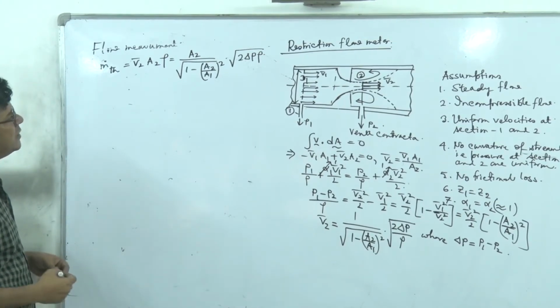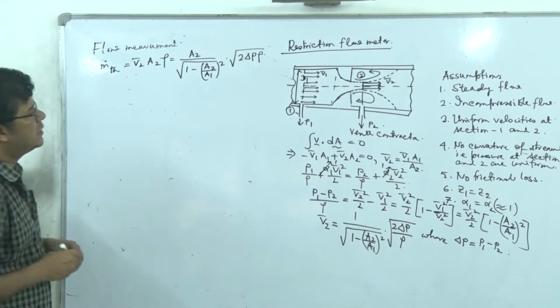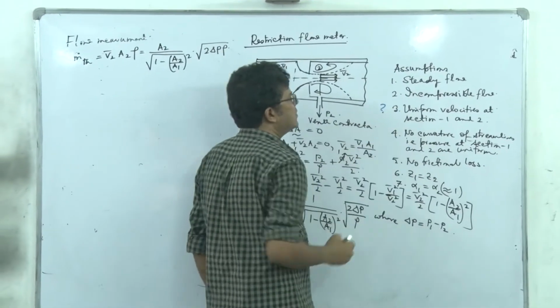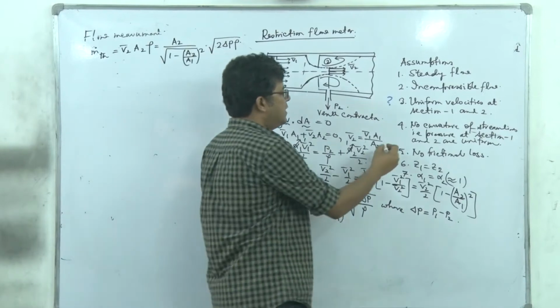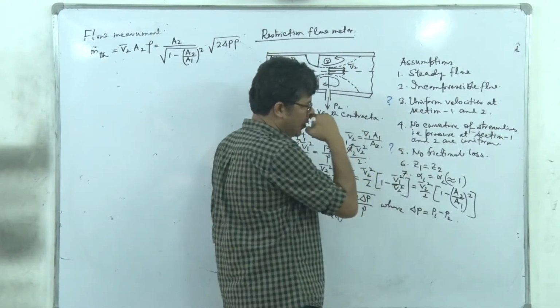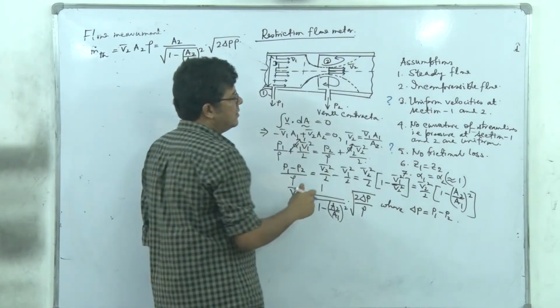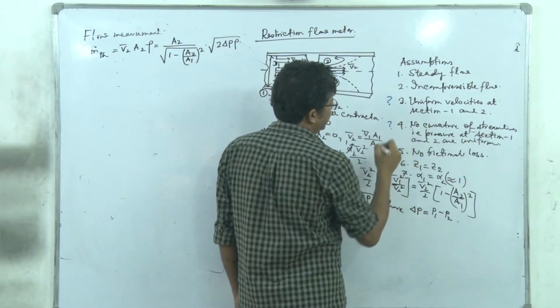But actually, we have to think about certain issues. This is definitely a questionable assumption: uniform velocity at section 1 and 2. Definitely it will not be perfectly correct. Also, no friction loss. And additionally the streamline will have a curvature and there will be some variation of pressure.